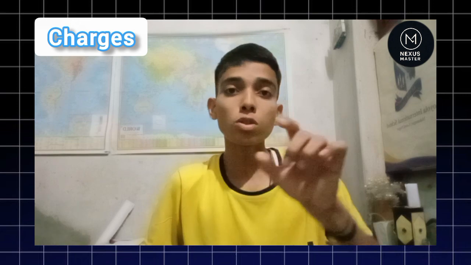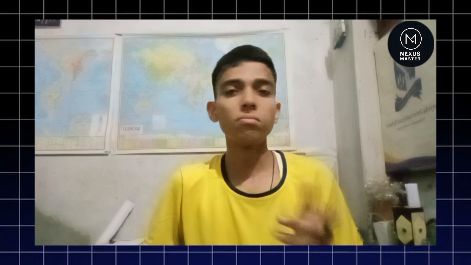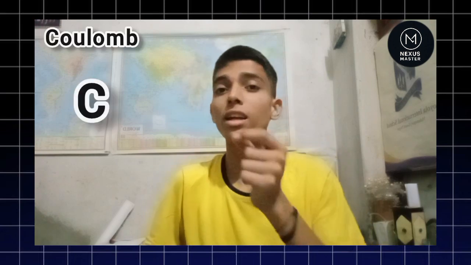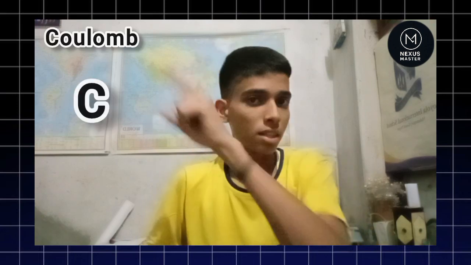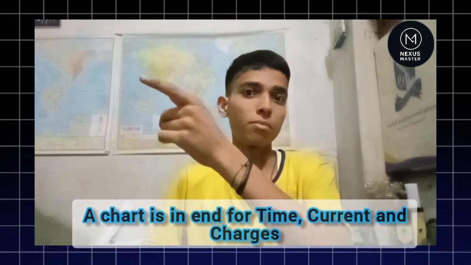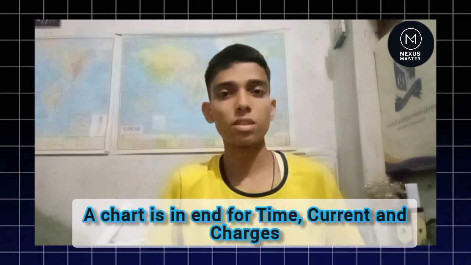Like this, charges are also defined as Q, but its SI unit is coulomb, denoted by C. Similar to time, you can relate it with time, then you will understand this more.